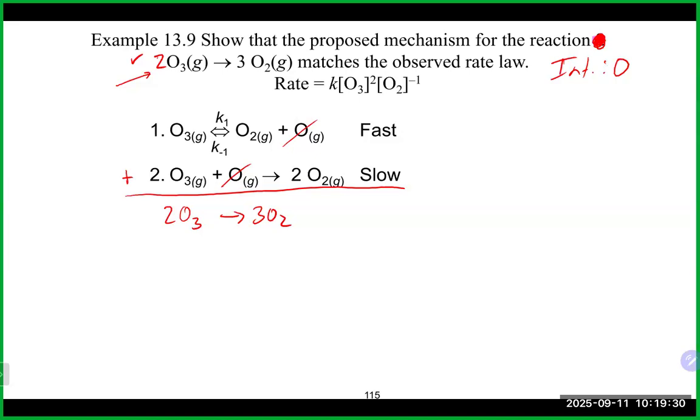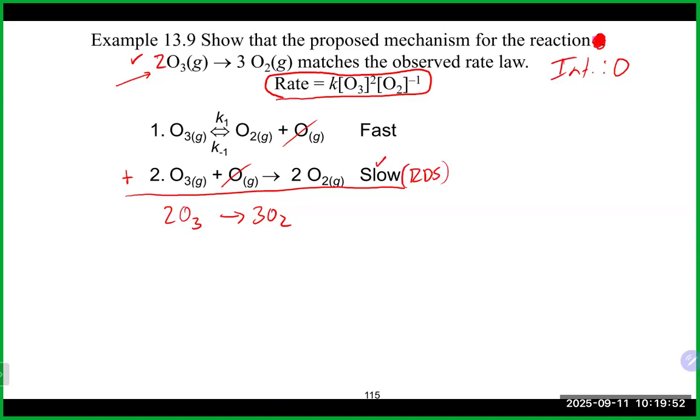All right, so now that we have that, we then need to make sure that, if this is going to be a good one, the rate law that was found experimentally, or observed, matches the one for the rate determining step. In this case, it's pretty easy to determine which one's the rate determining step: the one that is labeled as the slow step.